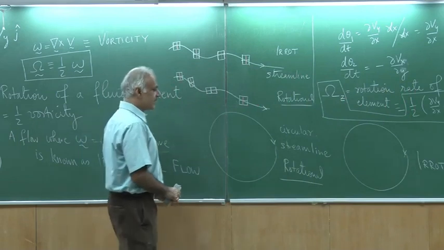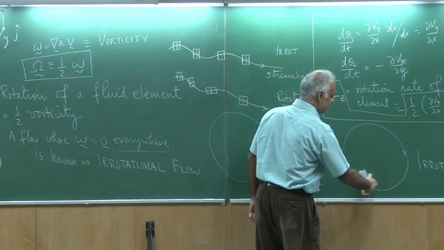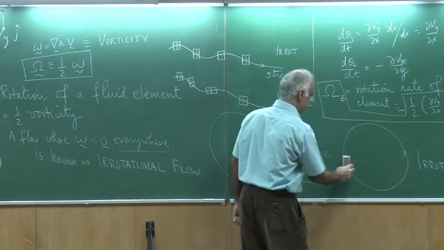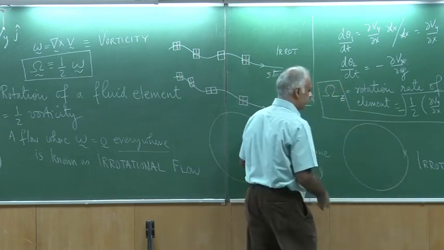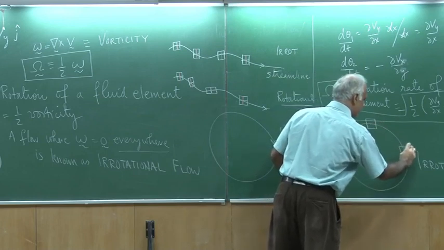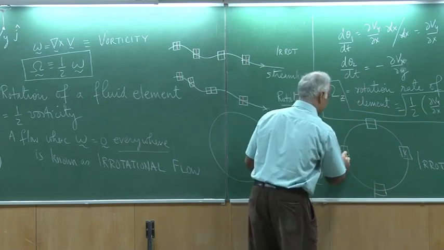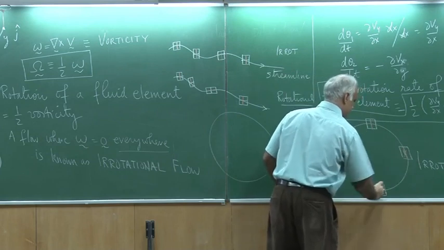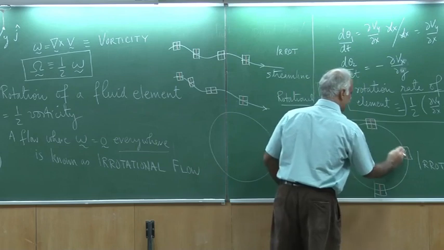As I said earlier, if the flow is irrotational, because this is the direction of streamline, clockwise, so this is how the fluid element will move. Right? Let me draw a fluid element for you. So, I will draw it in these different orientations, and let me draw the vertical axis of this.